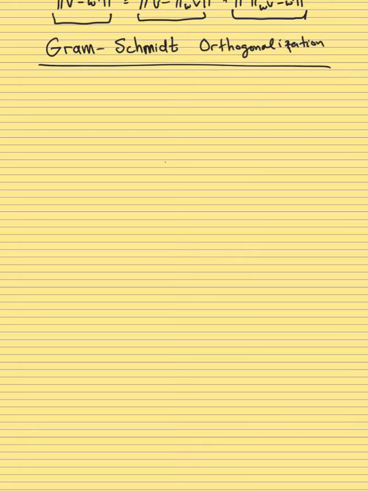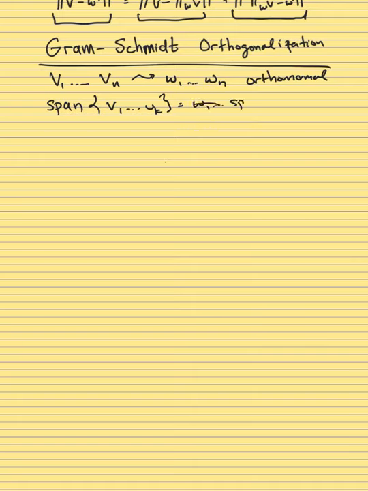All right, so what does this do? It takes v1 up through vn and converts it to w1 up through wn orthonormal. And slightly better, or even stronger, if I look at the span of v1 up through vk, I get the span of w1 up through wk.